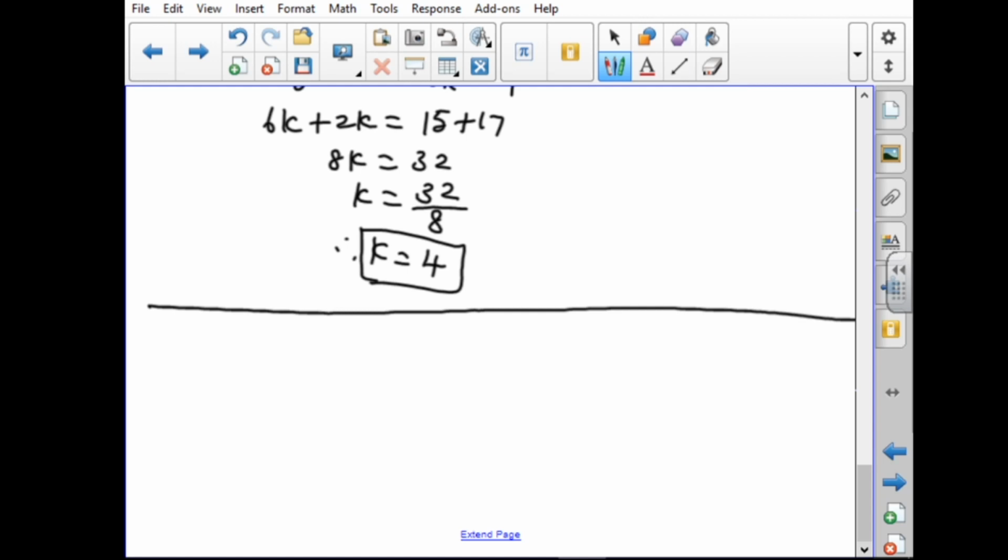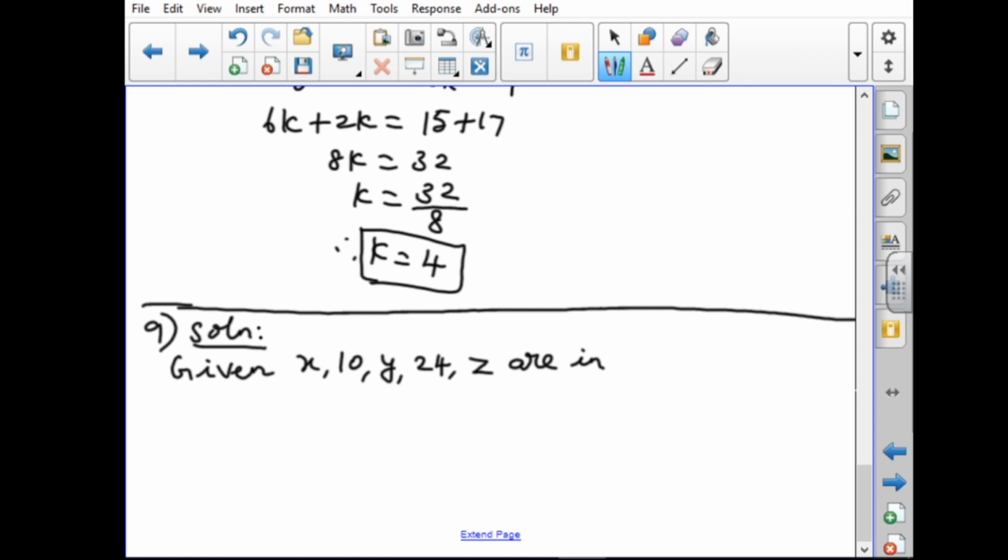First you have to write the given. What is given? x, 10, y, 24, z are in AP.